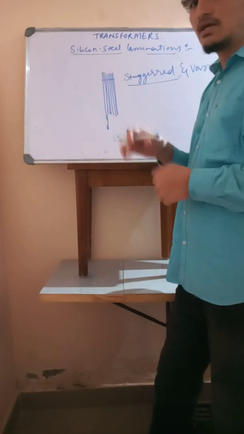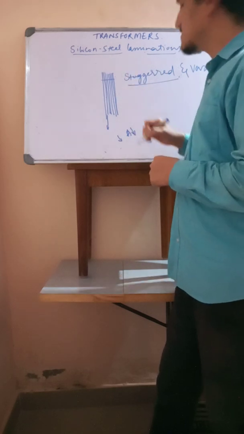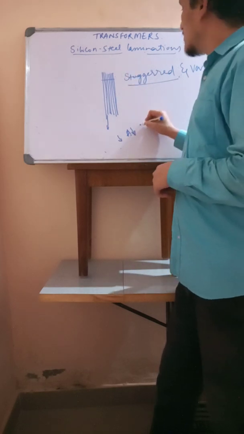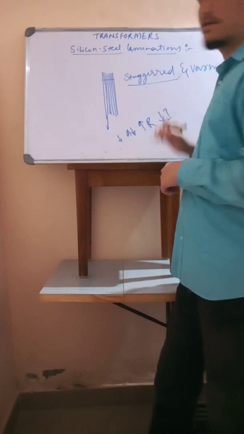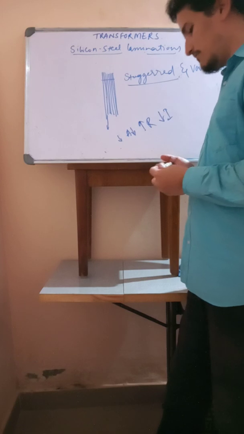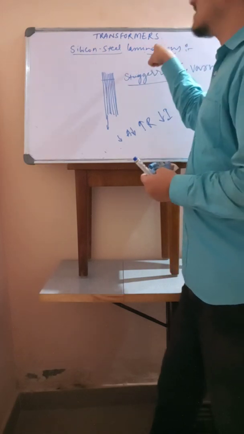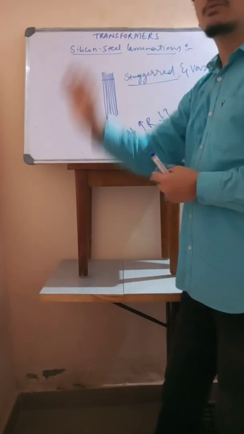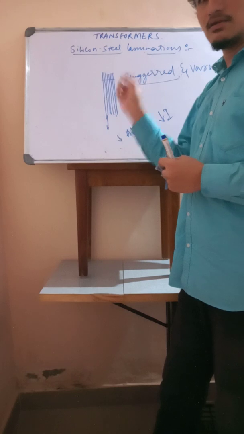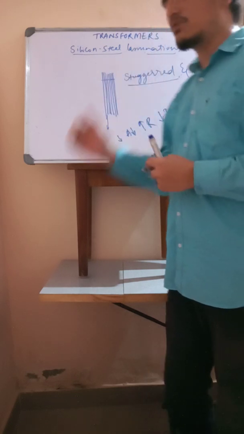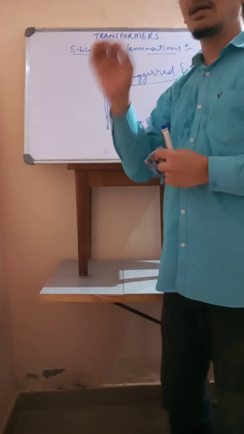Instead of using a block of iron, I am using laminations that reduce the area, that increases the resistance, that decreases the eddy current. So ultimately, the moral of the story is that by using silicon steel lamination, we can reduce the eddy current loss. We can summarize the overall essence like this: the magnetic core is made up of silicon steel laminations to reduce the eddy current loss.